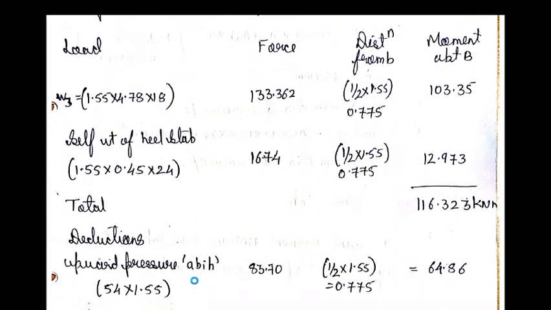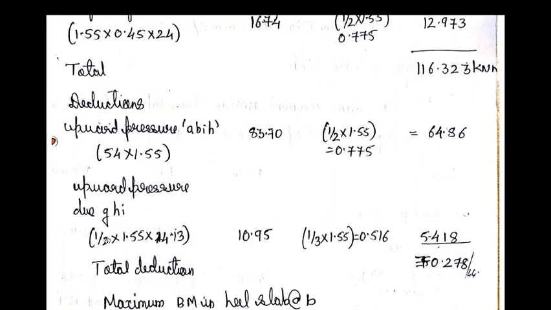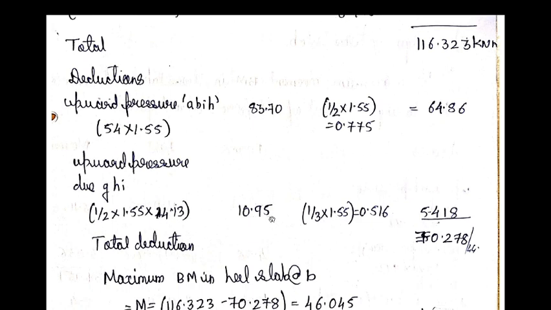So GHI is a triangular section, hence area will be half base into height. This will give you the force. After multiplying, this will work out to be 10.95. And the CG, the moment about B, is 1/3 of 1.55. So this is the distance. Force multiplied by the distance, we get so much moment.